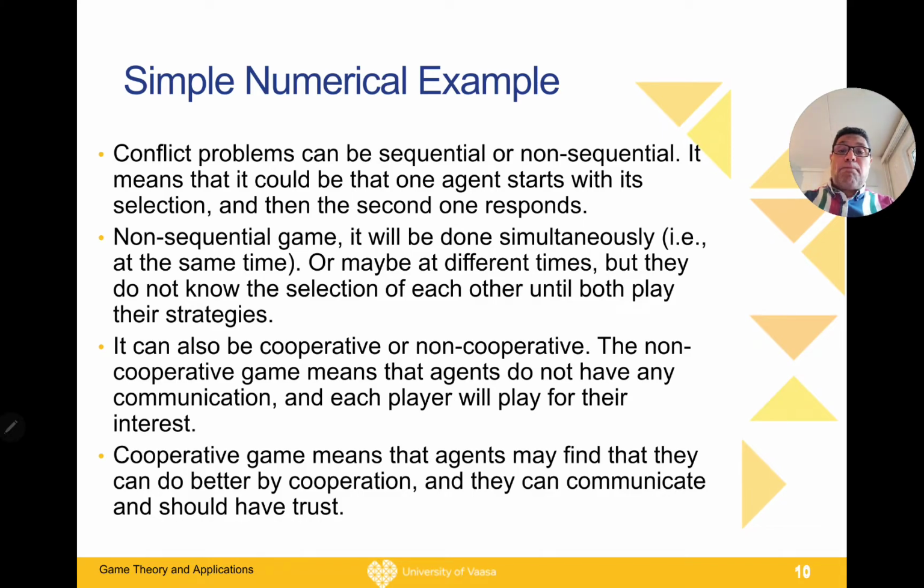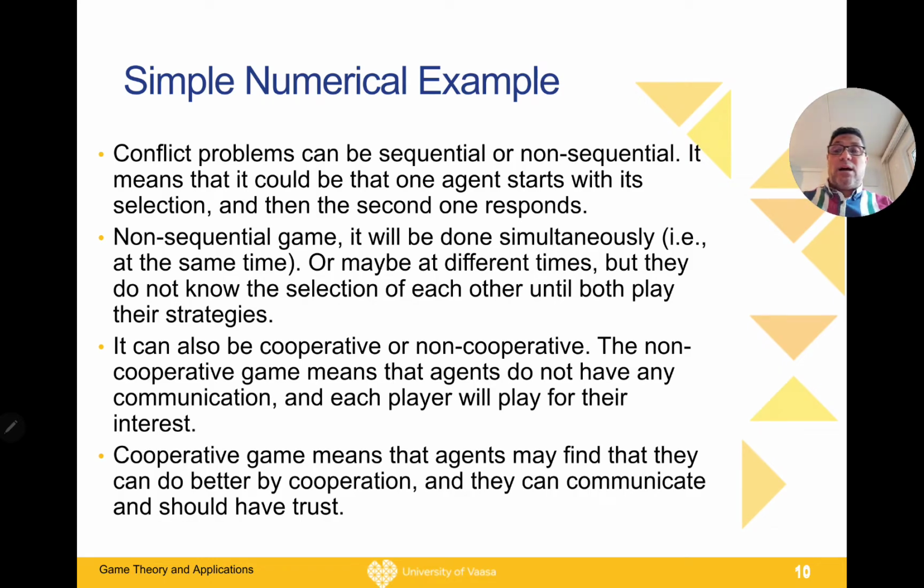So conflict problems, when we have conflict problems like this one that we described, they can be sequential or non-sequential. Sequential means that it is one by one. It is like, for example, in a chess game. So the first player plays and the second one responds. So this is called a sequential game.